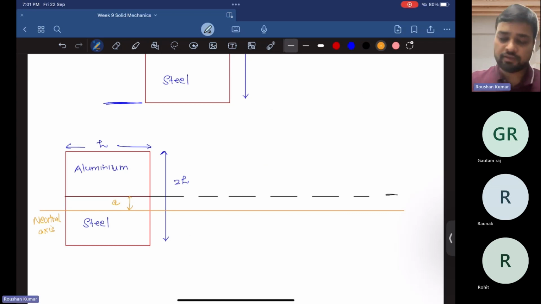We know from the bending of beams theory that the shear stress is maximum at the two ends and zero at the centroid of the cross section, at the neutral axis.